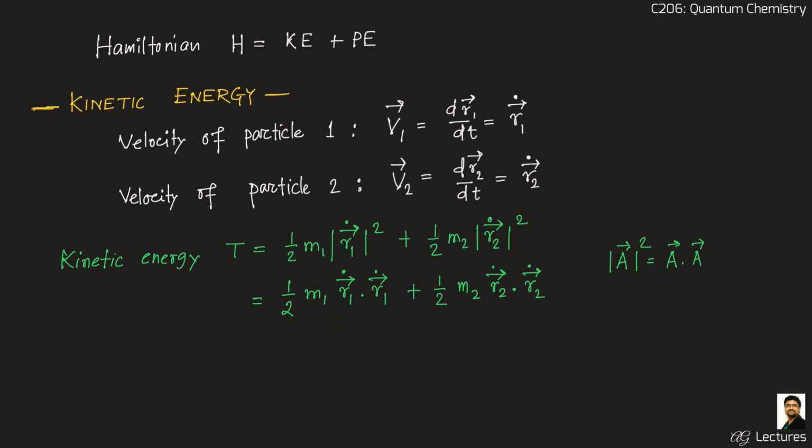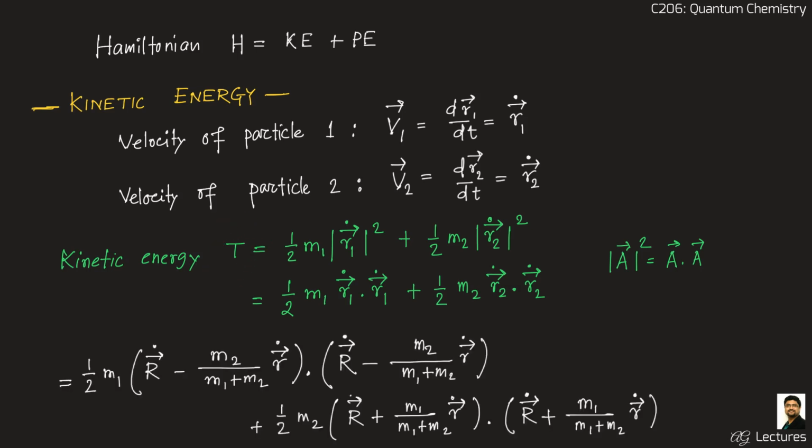Now the next thing that we have to do is that, as you know, the relationship between r1 and r2 with capital R and small r, we will replace these r1 dot and r2 dot in this expression to get the kinetic energy of the whole system in terms of capital R and small r.